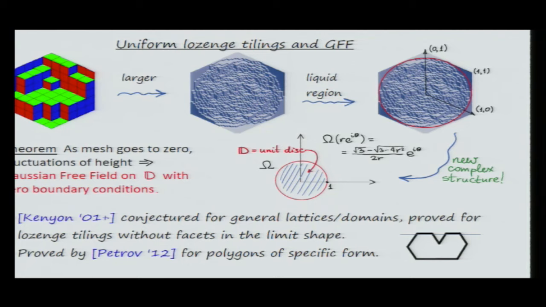They settled it in some case, and so they solved that question for domains with boundary conditions that don't enforce the facet, the frozen parts. And they used that result for the hexagon. So they used the hexagon to approximate the picture. And so this result actually has some applications for general domains as well.